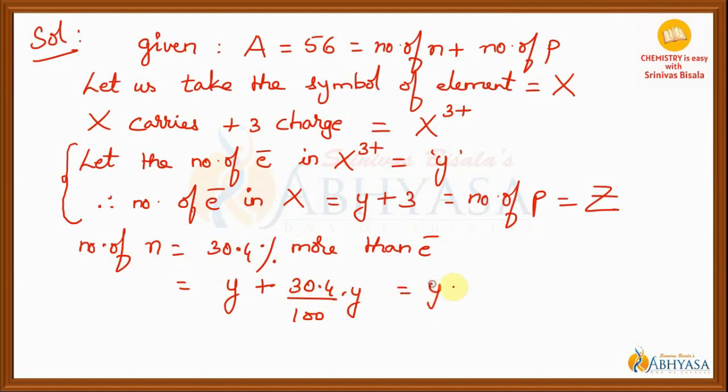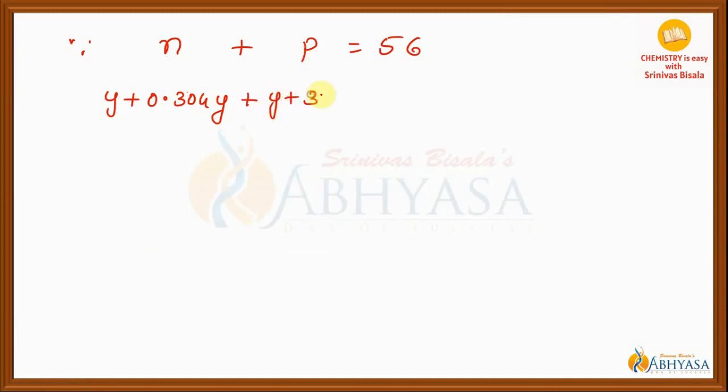So this becomes Y plus 0.304Y, isn't it? And since we have the number of neutrons plus number of protons equal to 56, substitute these values here. So in place of number of neutrons, I write Y plus 0.304Y, and in place of protons, I will write Y plus 3.